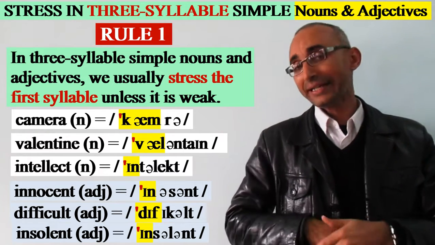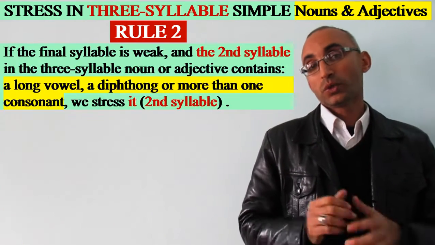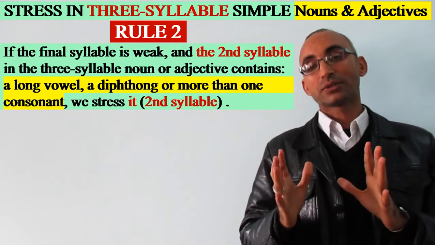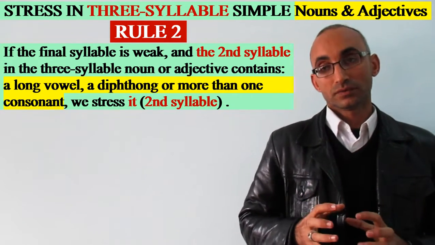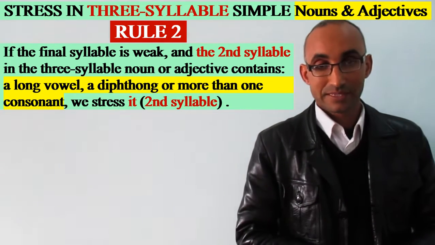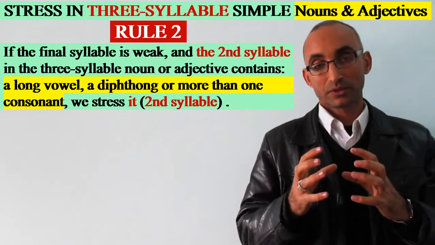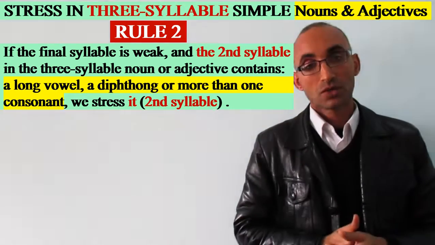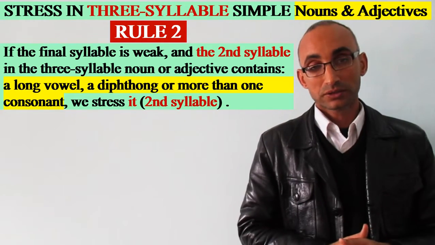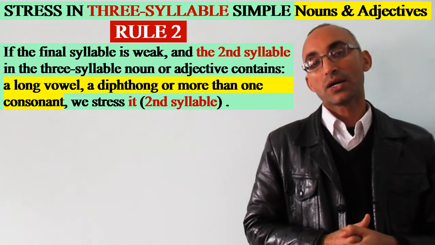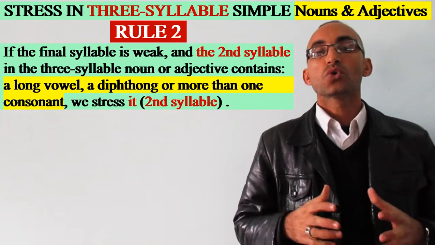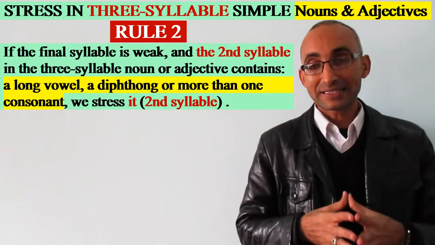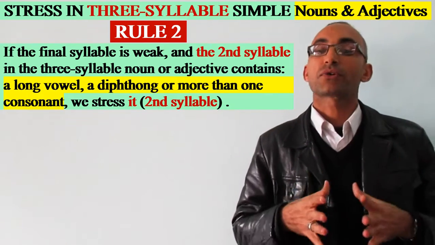Yet there is another rule, which says that if the second syllable in this three-syllable simple noun or adjective, I mean the central syllable, contains a long vowel, or a diphthong, or also a vowel plus more than one consonant, in this case we stress the second syllable and not the first one.